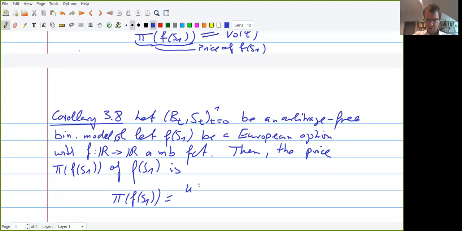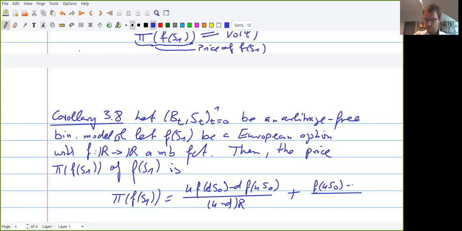This is just the formula we have just derived. I mean, we'll talk about this formula in a second, and then we see that this might look long, but in the end we can write it very nicely in a much shorter way.